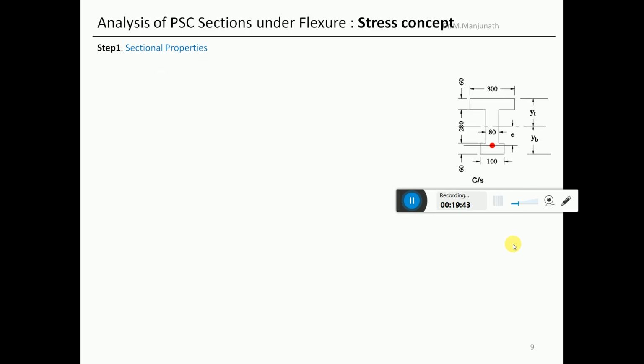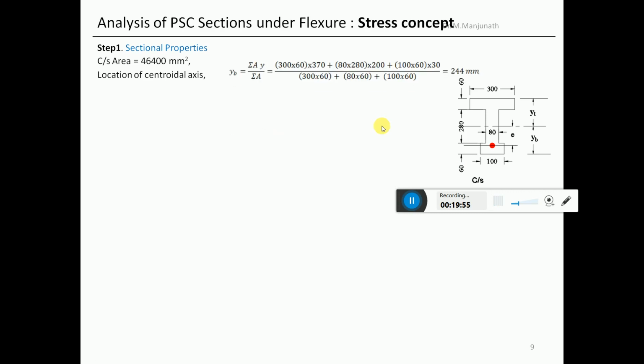Based on the description, the given cross section is an I section, and the properties of the cross section are obtained. So the area of the cross section and the centroidal axis has to be located.